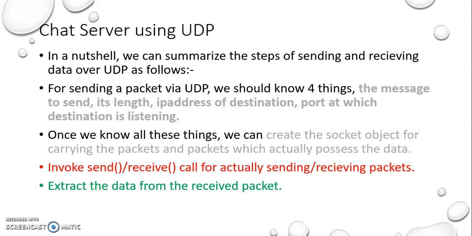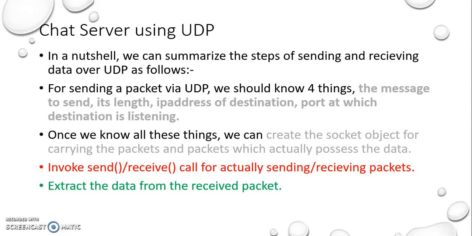So we can summarize the steps of sending and receiving data over UDP as follows. For sending a packet via UDP, we should know four things: the message to send, its length, the IP address of the destination, and the port at which the destination is listening. So we have all this data with us.